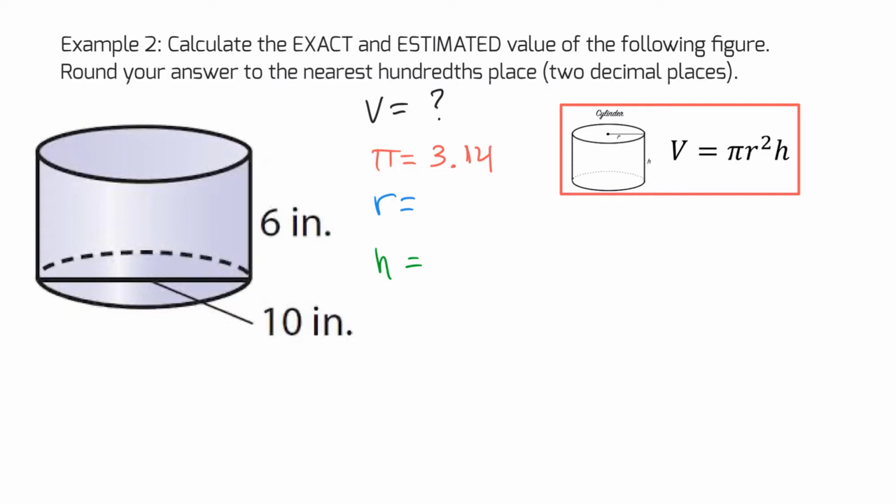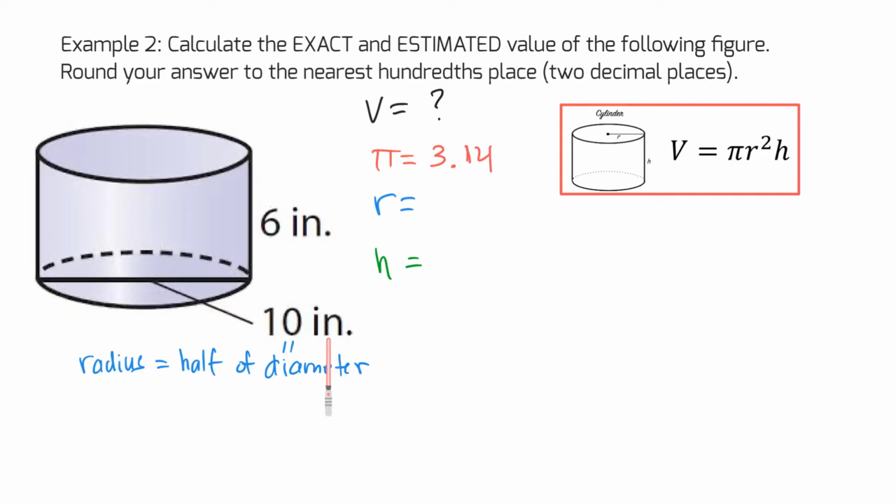If I look at this diagram, the radius will typically be where the circle is. This diagram shows a line going straight across, all the way across. When that happens, that's actually the diameter. To find a radius, the radius is just half the diameter.